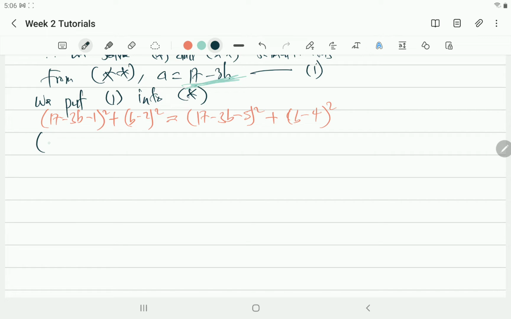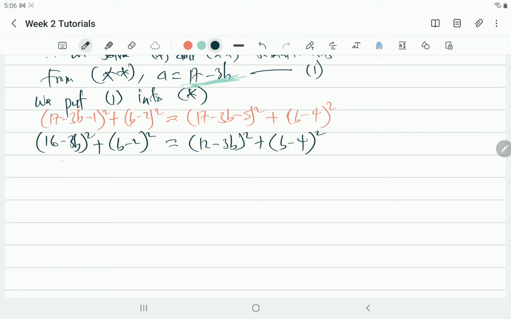After the substitution, I'll have 16 minus 3b squared plus b minus 2 squared is equal to 12 minus 3b squared plus b minus 4 squared, right? So I would quickly expand.